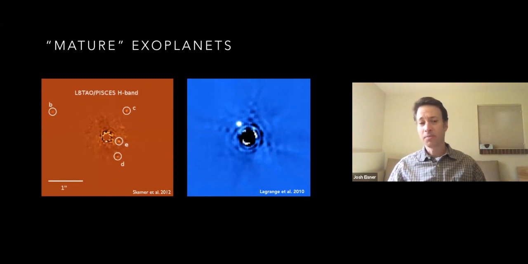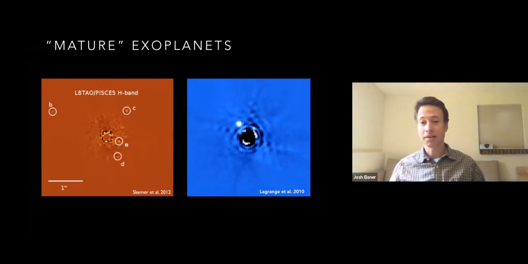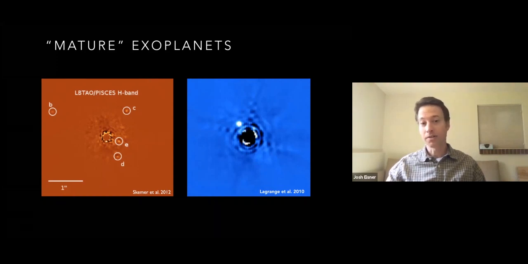These planets are all pretty much further away than the Jupiter-like and inner planets in our solar system. So it's not a direct analog, but it's a multi-planet system, pretty exciting stuff. On the right is the Beta Pic planet companion. So we have direct images of planets, in a few cases, mostly around these somewhat older stars. Some people call them young, but I would call them, for this talk, mature exoplanets.